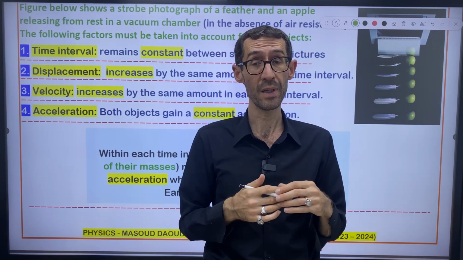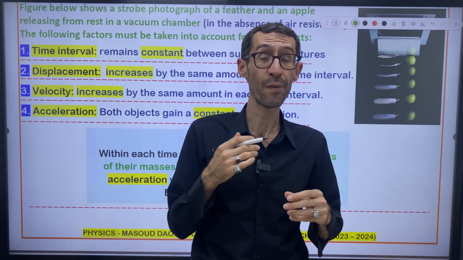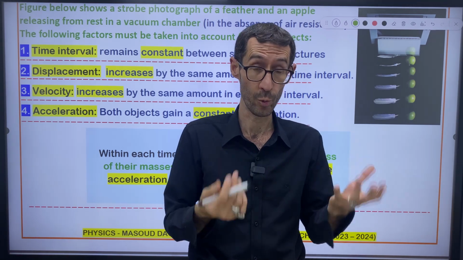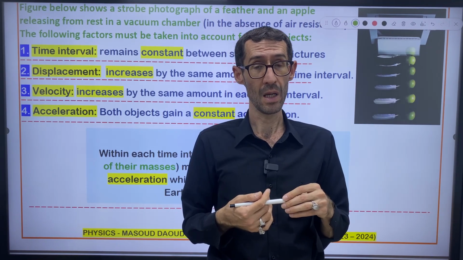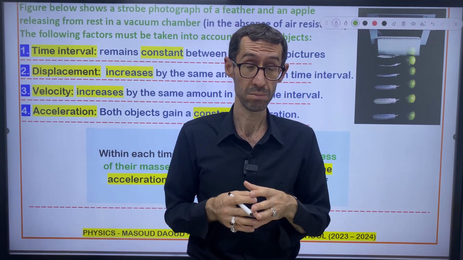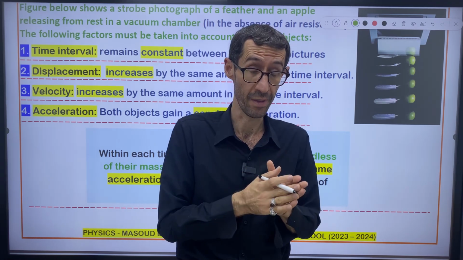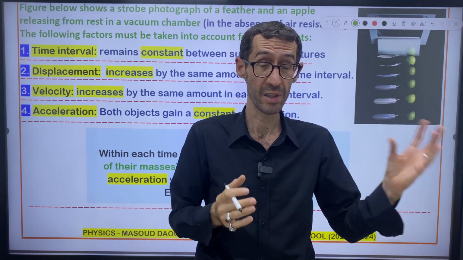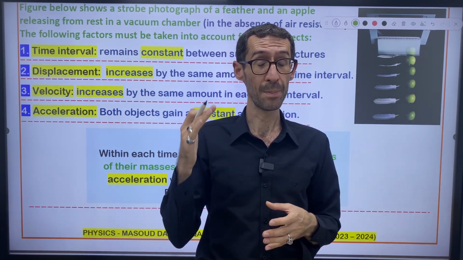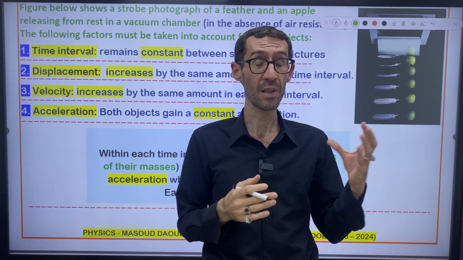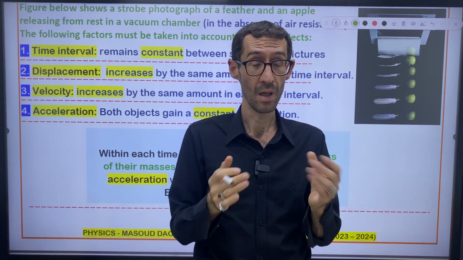For example, for Mars, we have negative 3.7 meters per second squared, approximately one third of free fall acceleration of Earth. Because Mars is smaller than Earth, the smaller the planet is, the smaller the acceleration is.